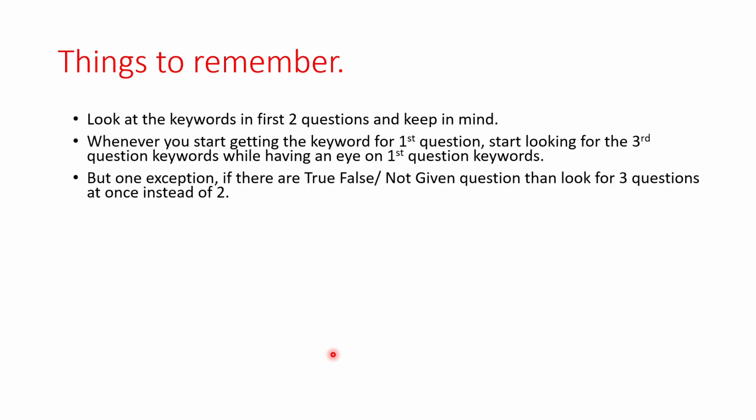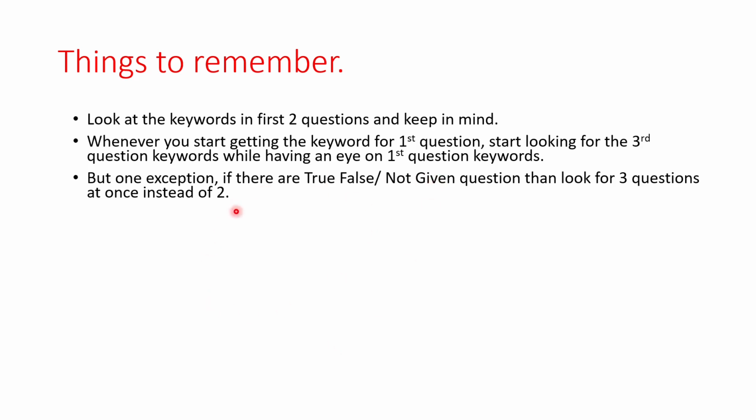The third point is not actually a different point, but just an exception. When we are solving True, False, Not Given or Yes, No, Not Given questions, then we have to look for three questions instead of two. This is very important because in these categories sometimes they don't have a keyword for Not Given questions.